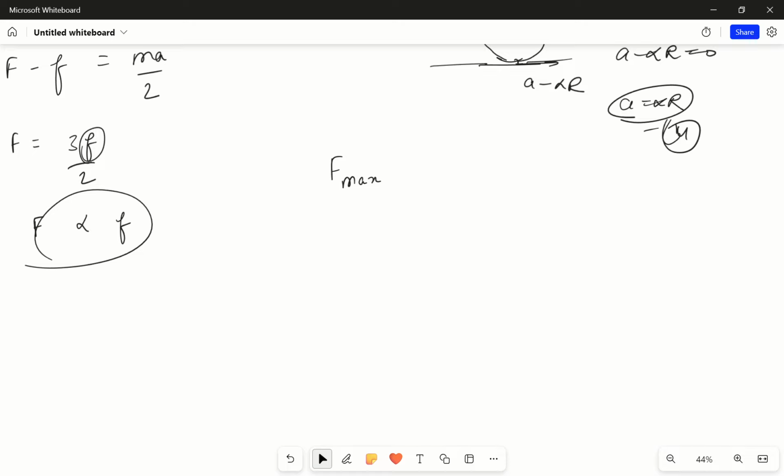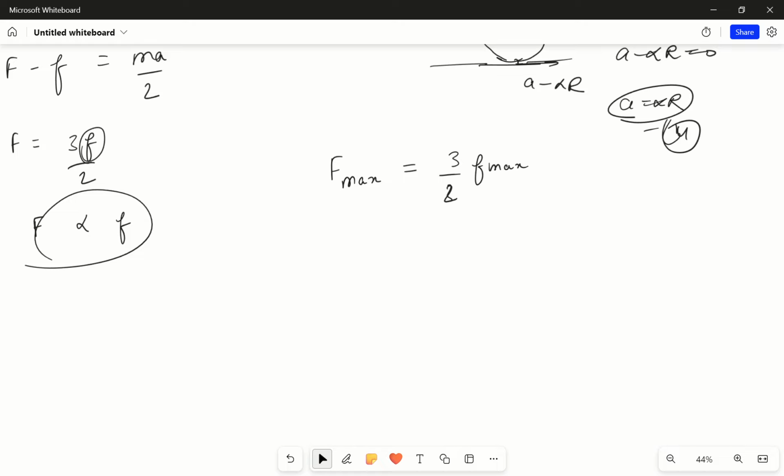If we increase F after that, then it starts sliding. That means the friction won't be able to balance that torque, right? So to find F max, we have to maximize the friction. So F max equals 3 by 2 f max.